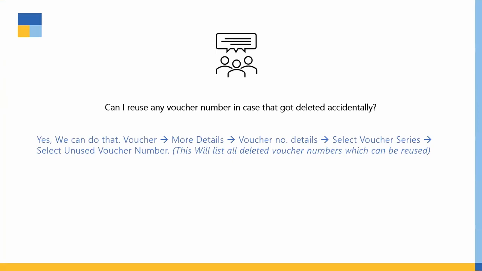Now the question arises, can I reuse any voucher number in case it got deleted accidentally? Yes, we can do that. We just have to go to voucher, more details in voucher, voucher number details, select voucher series, select unused voucher number. When you select unused voucher number, this will list all deleted voucher numbers which can be reused.